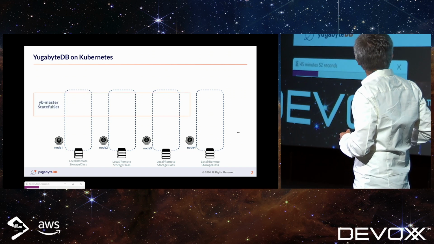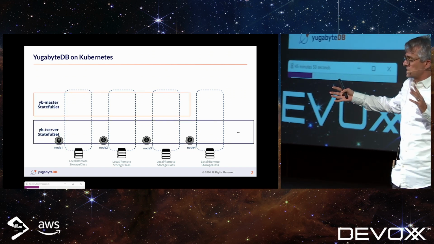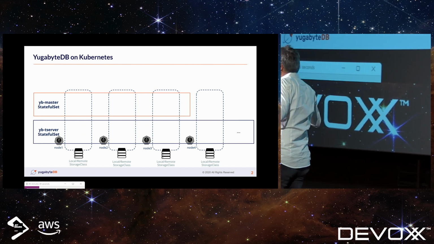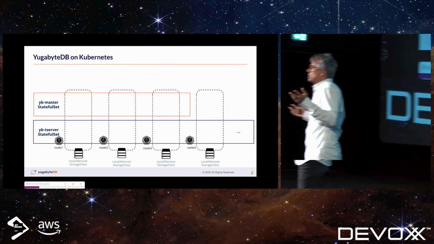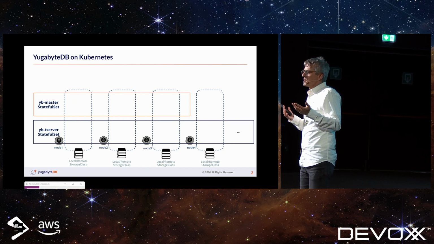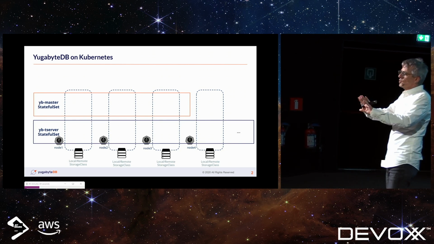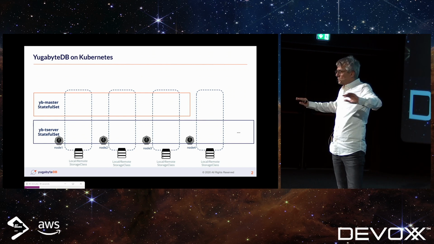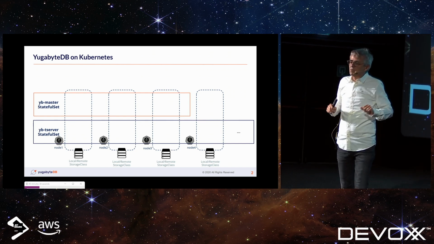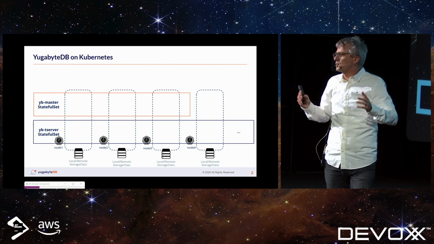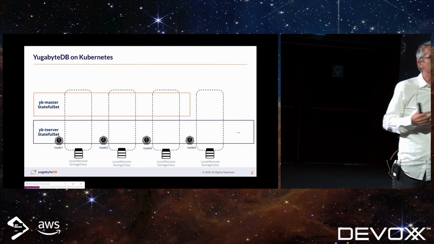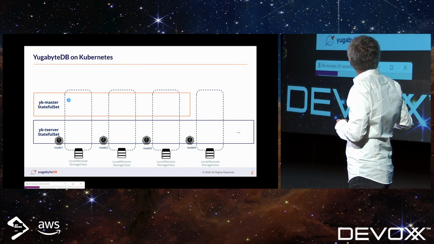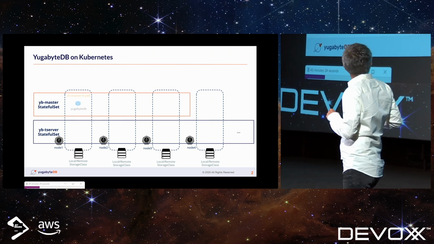So there are 2 stateful sets. The main one will distribute the data, but there is also a small one which holds the metadata of the cluster. Because basically, all nodes are equal, and you can add more nodes for distributing the data, but they need to know the cluster topology. They have some metadata in common, so that's something that will be stored in the master stateful set.